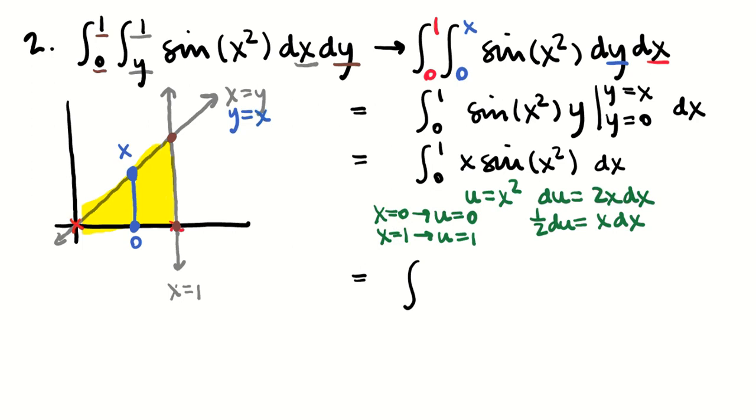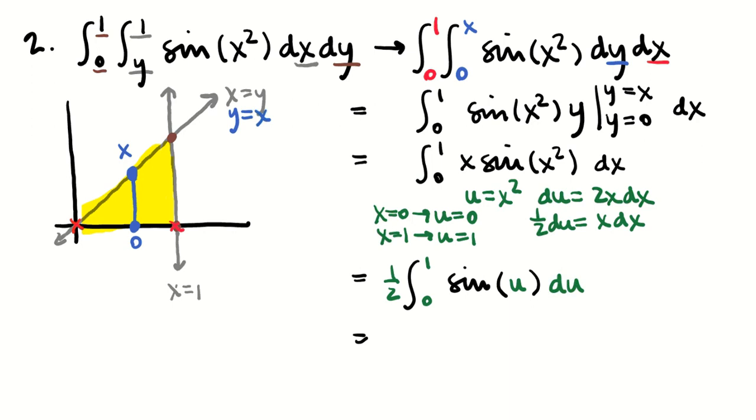So this is now the integral from u equals 0 up to u equals 1 of the sine of u, and then x dx was half of du. So I'll put the du there and the 1/2 over here.